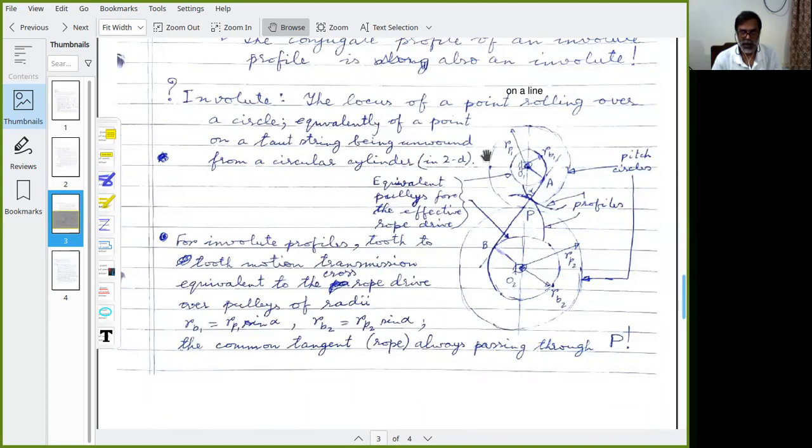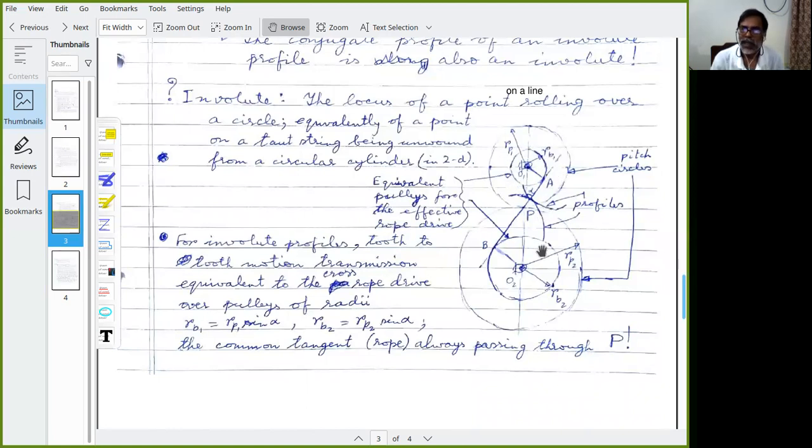Now, these two bigger circles are the two pitch circles, RP1 and RP2. And now, like this, you draw the line, so this P is the point of contact of the two circles. And then this is RB2, this is RB1.